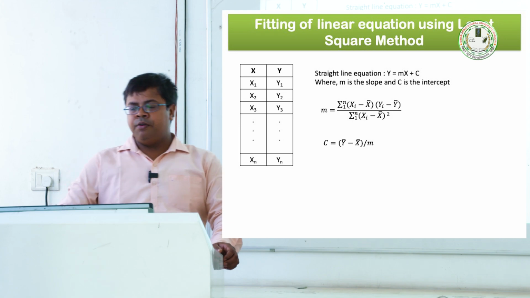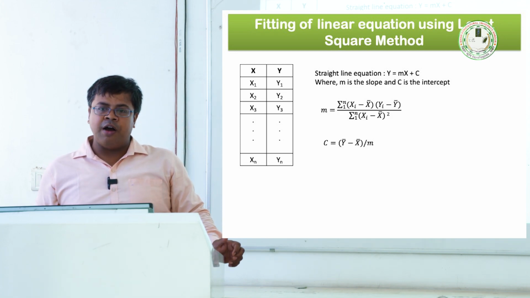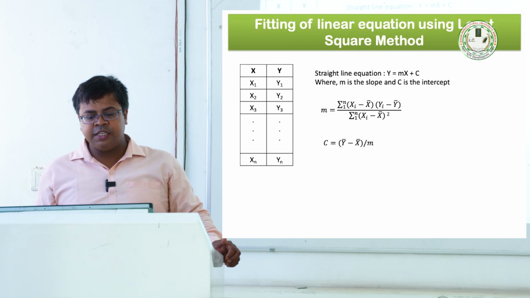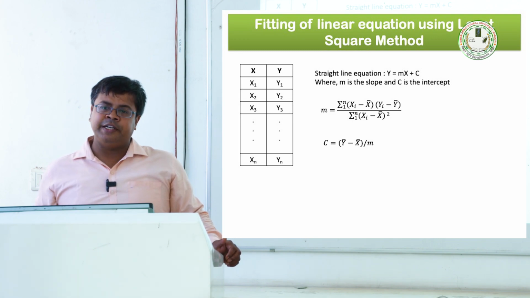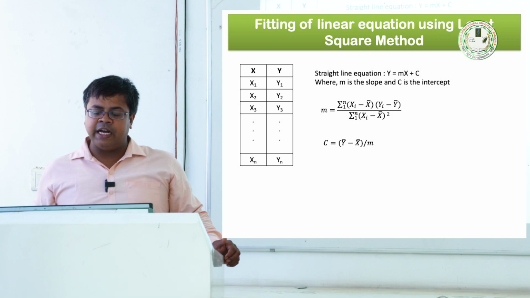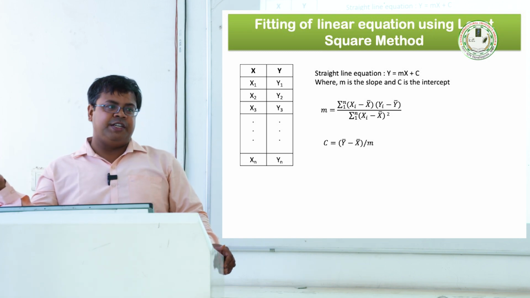Okay. Now from the knowledge of basic elementary statistics, we know how we will determine the slope from the least square equation. This is the formula where we can determine the m, and after determining the m we will determine the c. So we will get a relationship, y is equal to some value of m, x plus some intercept.